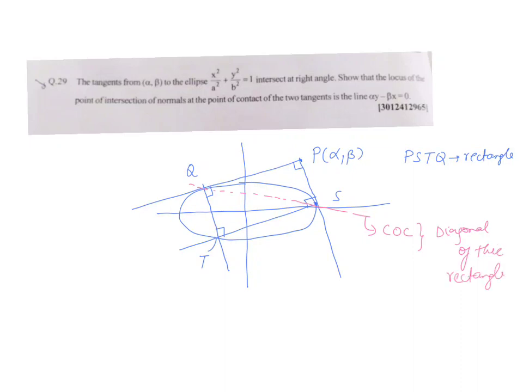So now if we join the points P to T, we will find their point of intersection. If I denote it by the symbol O, then you will find that point O becomes a point of intersection of the diagonals, and as such O becomes the midpoint of the lines QS and PT.